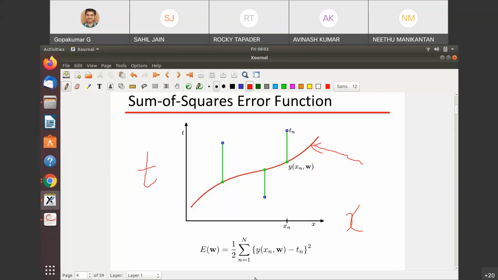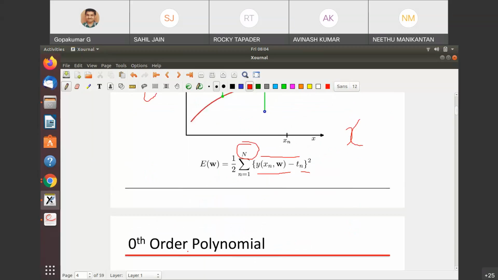Then we evaluate the difference between the predicted value and the target value, which is given in the form of labeled data, because this is a regression problem. We are curve fitting, so we find the difference between the predicted value and the target value and take the square. That is the error function that we defined. There are n points, so we sum it over the n points.